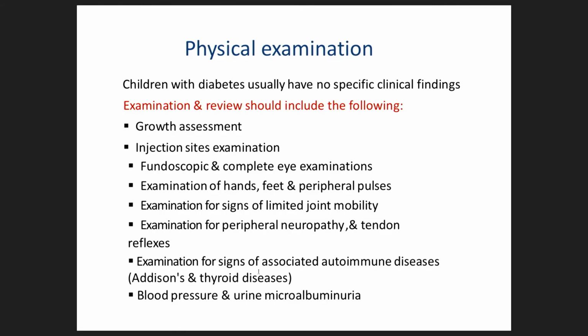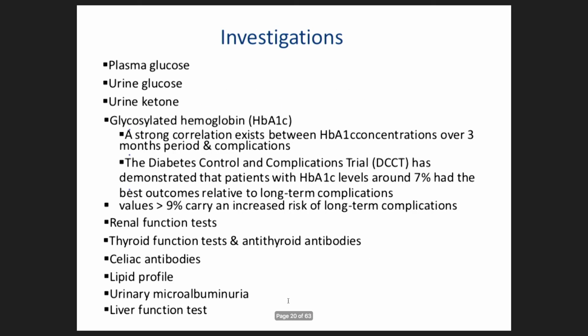Repeat again: celiac disease, Addison disease, autoimmune thyroid disease. Also, a child or adolescent with diabetes should have blood pressure checked regularly, as well as annual urine microalbuminuria, which is the first manifestation of nephropathy.